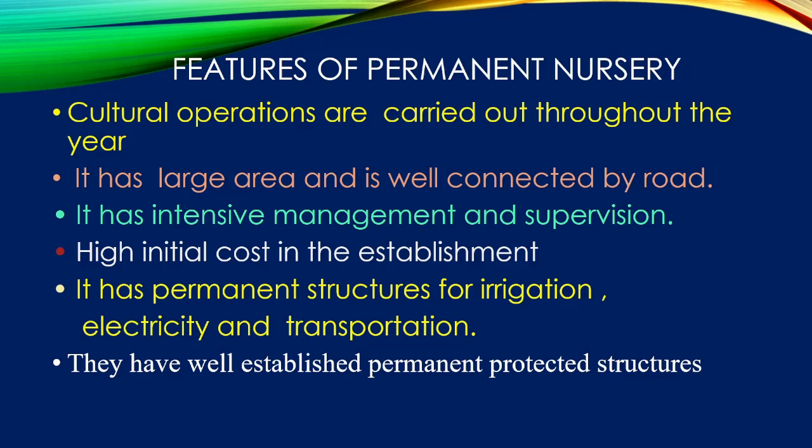So, since they are established permanently, they produce saplings continuously throughout the year. So, cultural operations will be continuously carried out in these permanent nurseries. Permanent nursery has large area and is well connected by the road. It has intensive management and supervision.